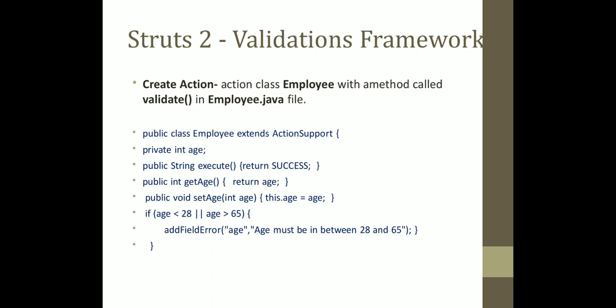Then we'll create the action class Employee with a method called validate in the employee.java file. So here it is, the employee.java file, and how to initialize this action class Employee with the validate method. We can see we have used public class Employee extends ActionSupport. ActionSupport has 6 interfaces that we have seen in the last session.